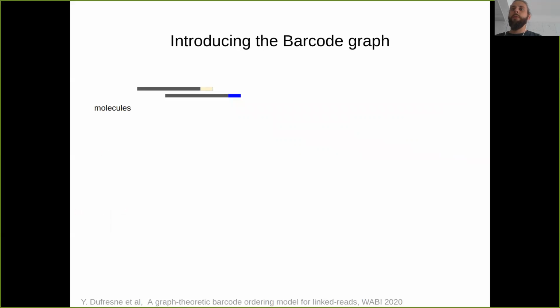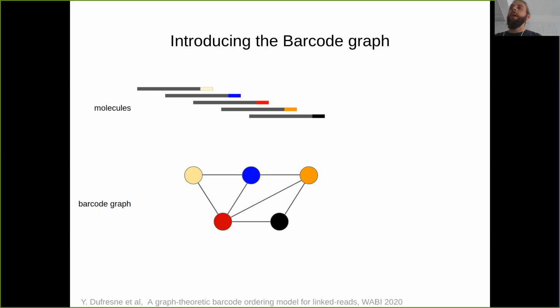The second graph that I want to introduce is what we call the barcode graph. Here we are not focusing on molecules, but on barcodes. Each node is a barcode, so here there is the white and the blue, and because one molecule with the white barcode overlaps one molecule with the blue barcode, we add an edge between the two barcodes. When we add the third barcode, with a molecule that overlaps the two others, we add two edges, etc. Then we reach another molecule that shares a barcode with a previous molecule.